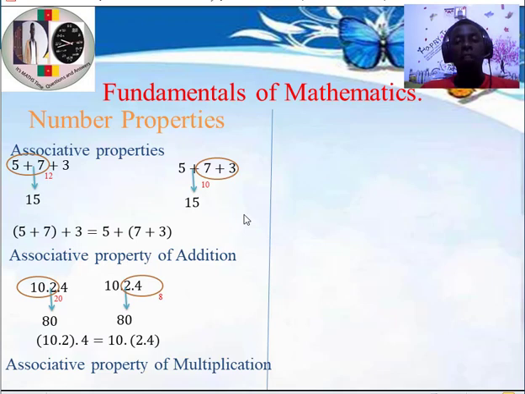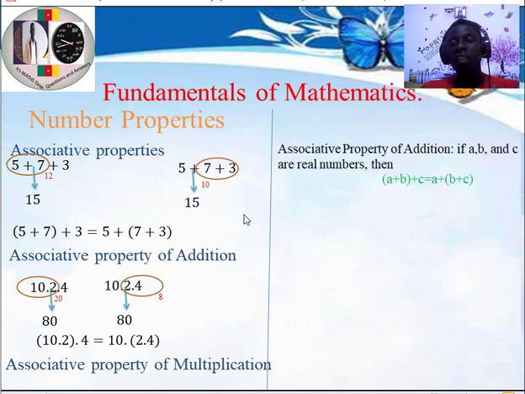In general, for associativity, that is associativity for addition and multiplication, we can say that the associative property of addition is considered if A, B, and C are real numbers, then (A plus B) plus C is equal to A plus (B plus C), meaning the grouping, the way in which we group them, doesn't matter.